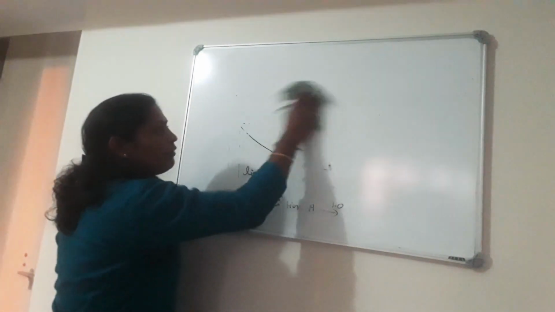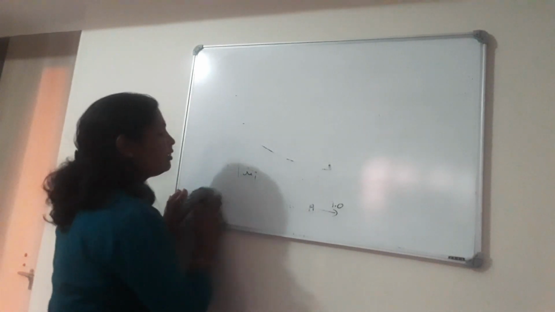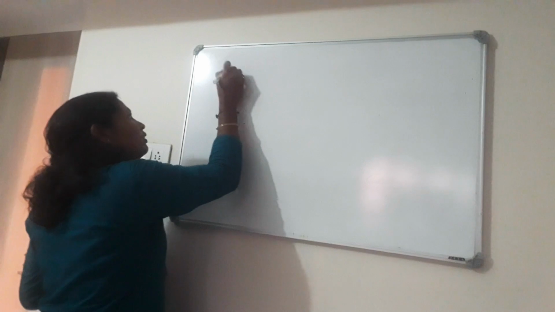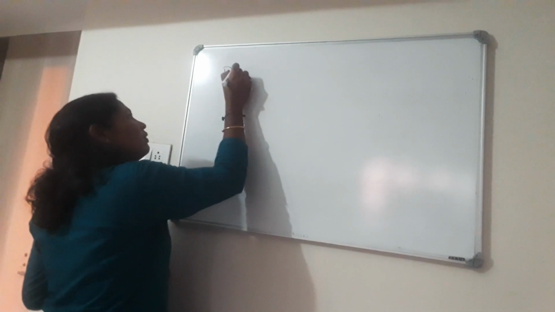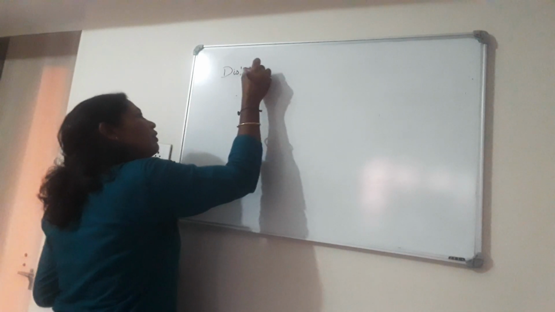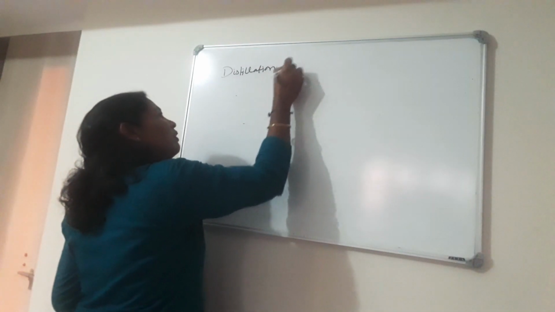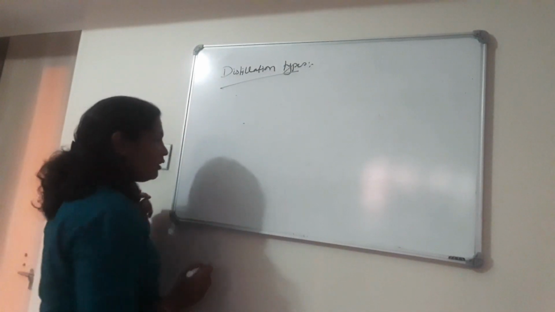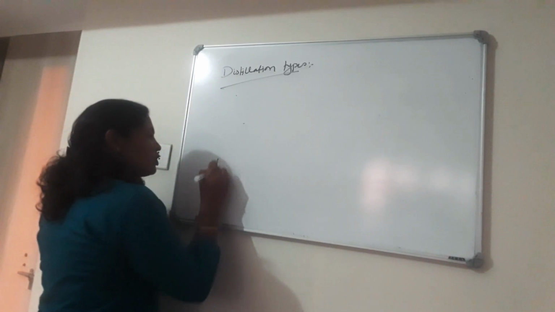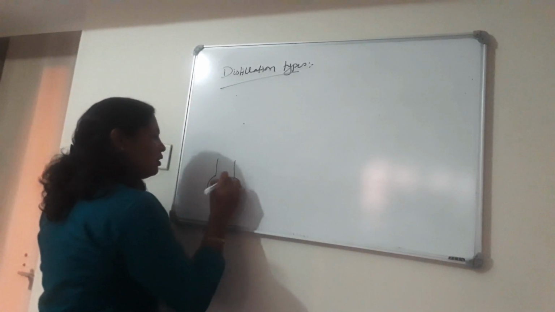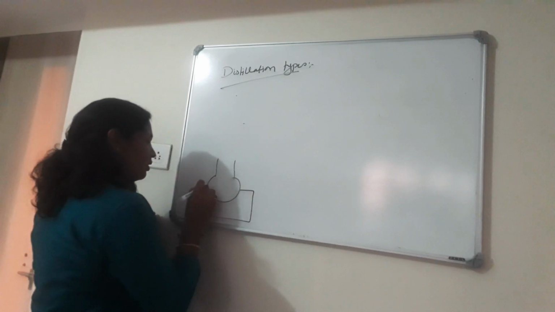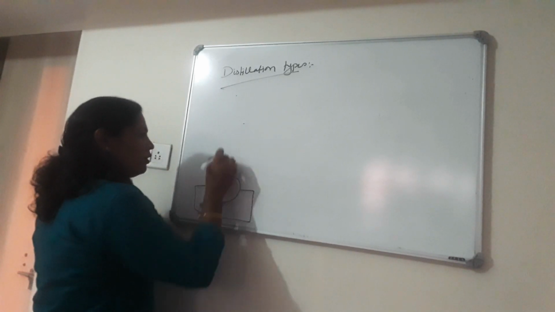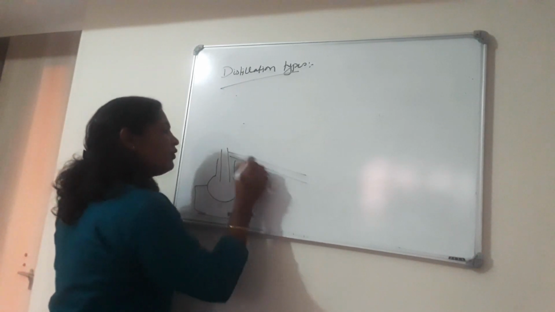Now we will consider Rayleigh's equation. Before that, you should have an idea about the types of distillation. What is distillation? Types. Whenever we do distillation, we have a liquid mixture which we are heating.